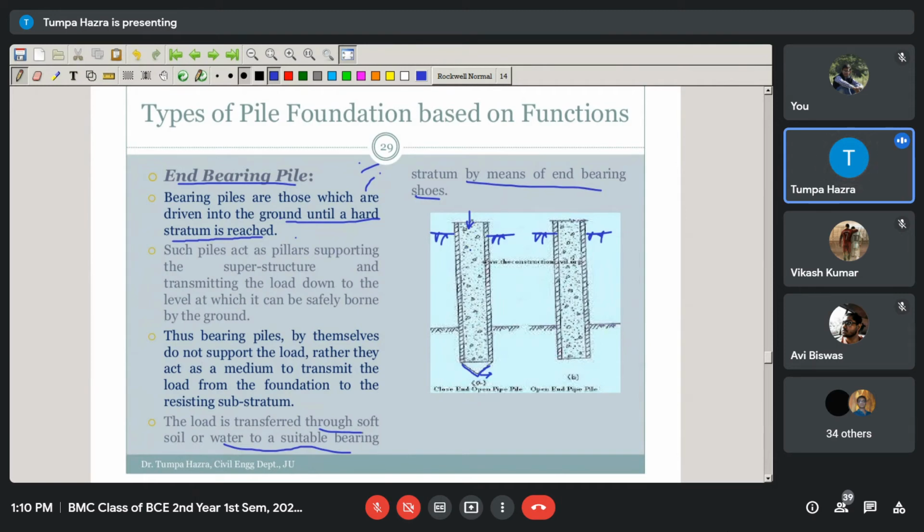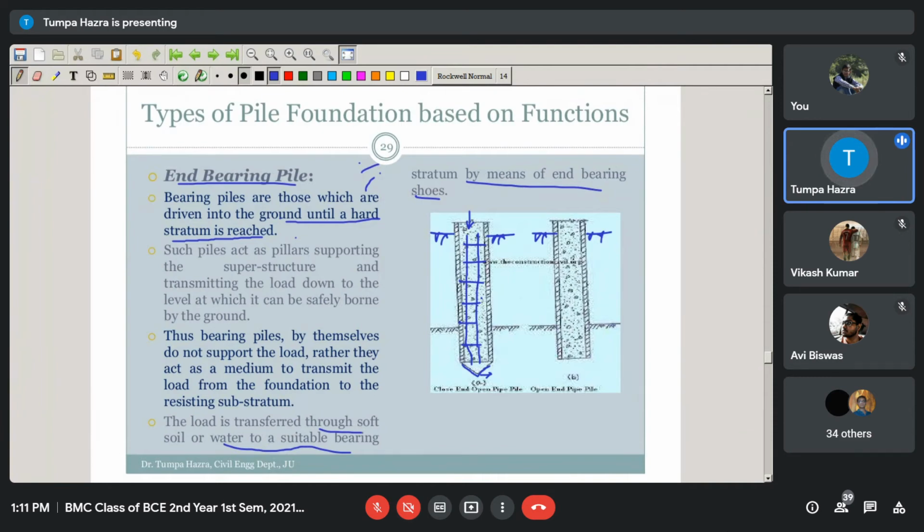Then the casing is provided reinforcement, and with that casing there is a detachable shoe, a cast iron shoe. This is known as detachable cast iron shoe. So first the casings are driven, then the reinforcement is provided, and then the concrete mixture is poured within the casing.